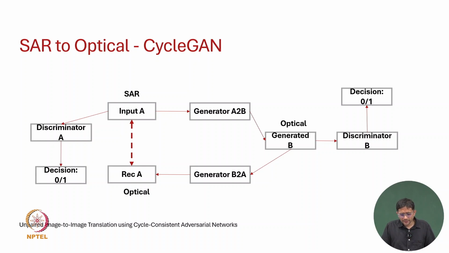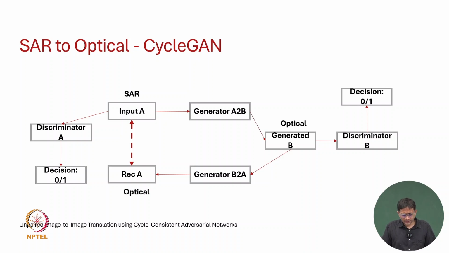Cycle GAN, where we have this input A and generated B, which is created from the input A by the generator A to B. Another generator B to A creates the recovered A from the generated B. So not just two generators, we also have two discriminators.